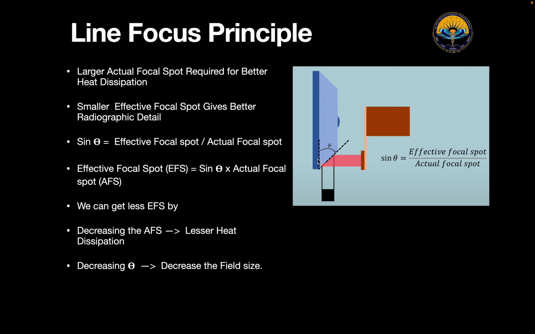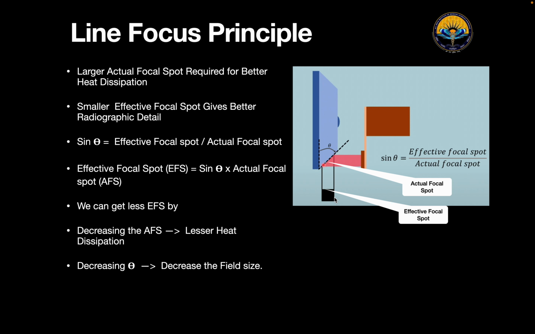So this was a problem which we had, and this was solved by making the edge of the anode beveled. And so ultimately we had a larger actual focal spot where the electrons were hitting, but the effective focal spot which was going to be used in making the image was very small. So ultimately we had a larger actual focal spot, this one, and a very small effective focal spot, this one.